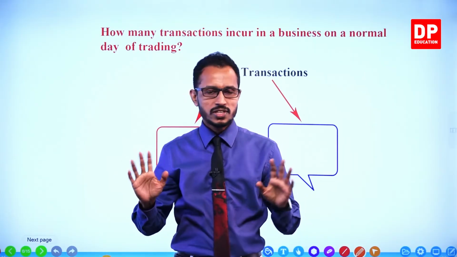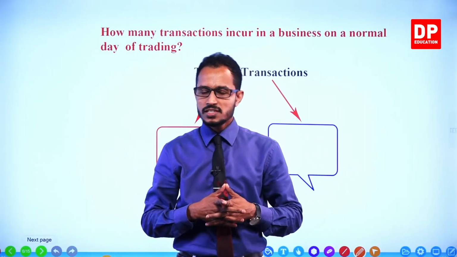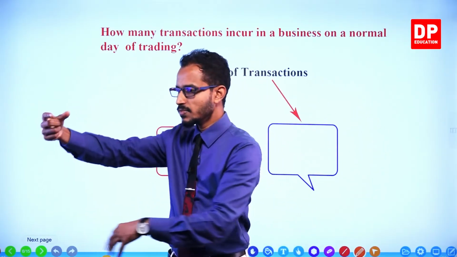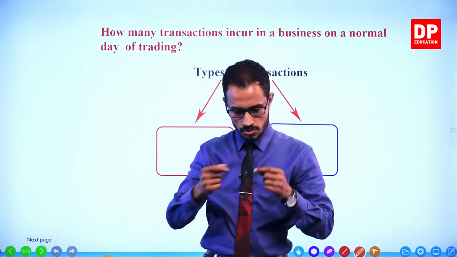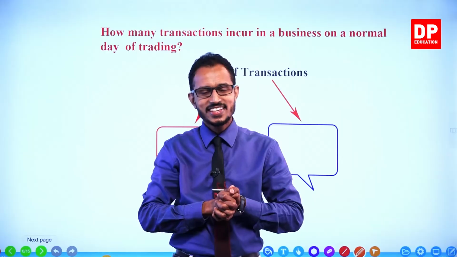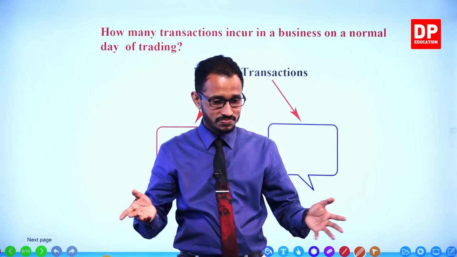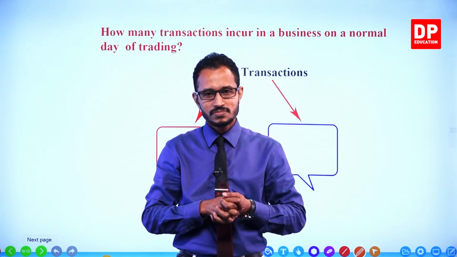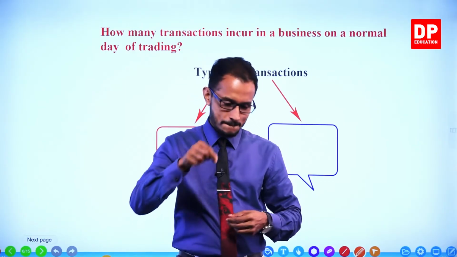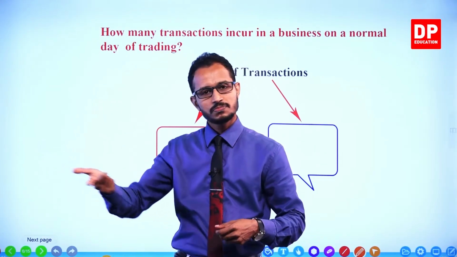Let's say the business is not Keells, the business is a small retail shop, a grocery shop close to your house. Same thing happens. The shopkeeper gives you the goods, takes the cash from you, puts the money in the drawer and gives the balance back to you.